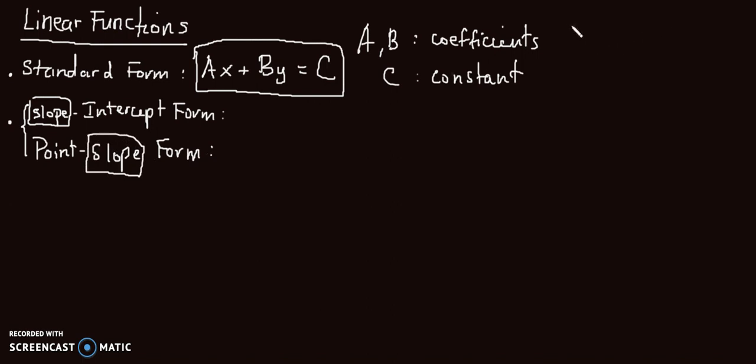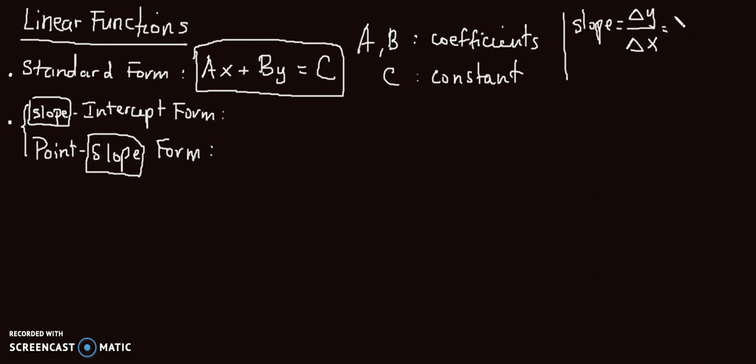Now a reminder: what is a slope? Slope is defined as the ratio between the change in y to the change in x. So this is a ratio, the change in y over change in x.